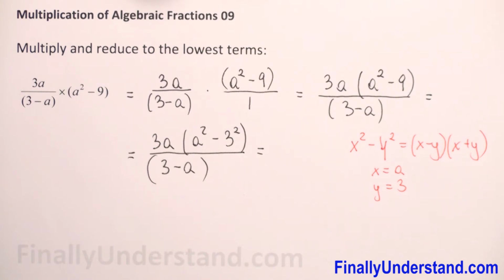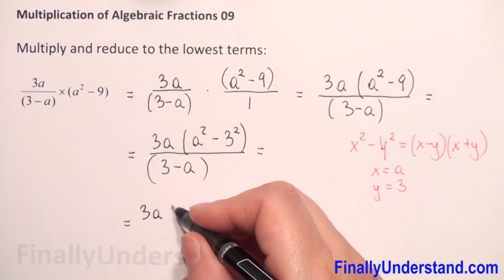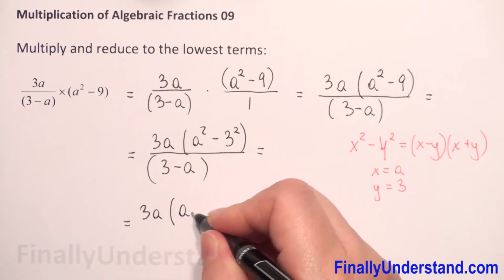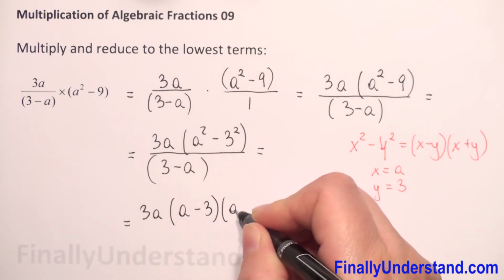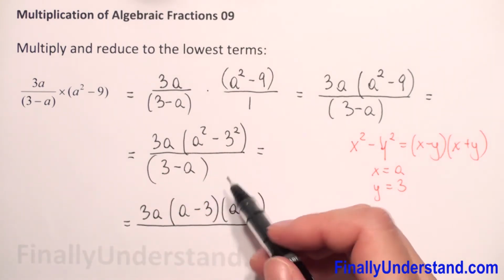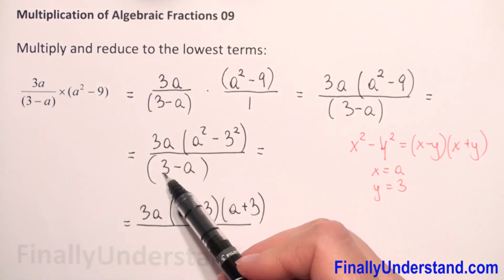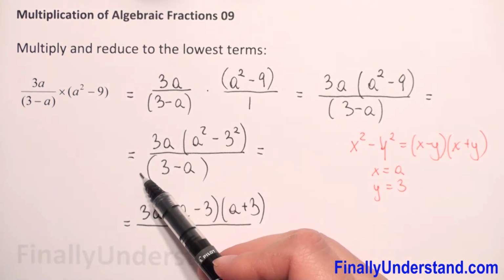So we will have 3a we have to copy, and we will have a minus 3 times a plus 3 over, and because we have in the numerator a minus 3, so I will factorize negative 1.